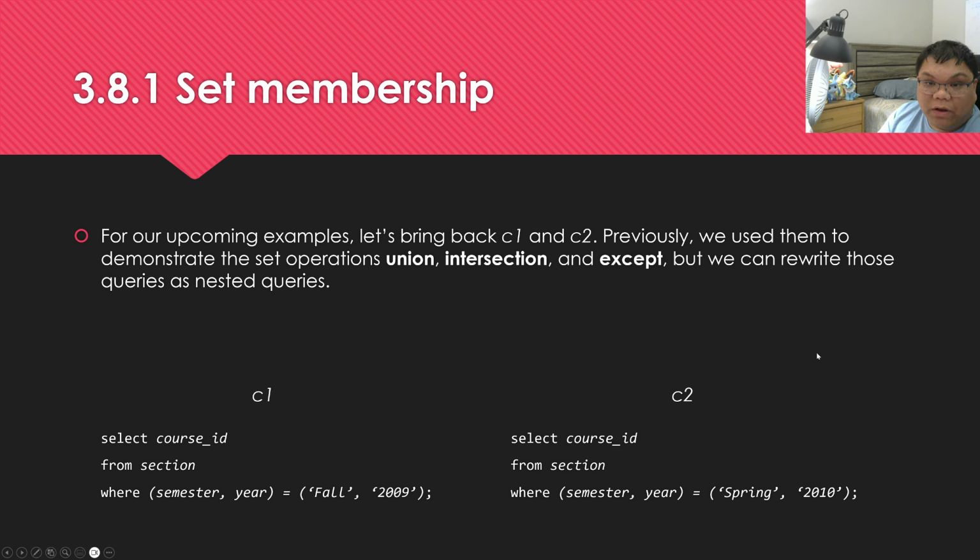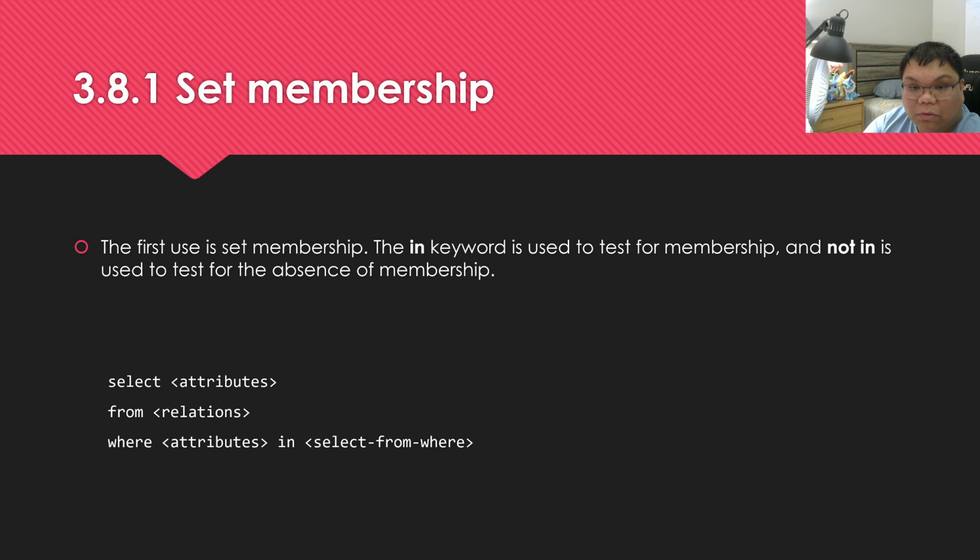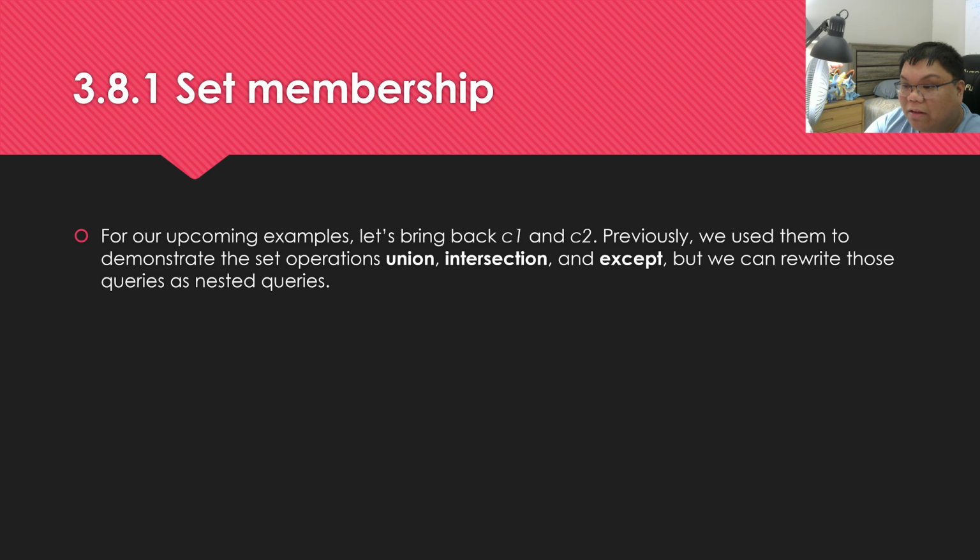Remember, the output of a query is another table. So tables go in, one table comes out. We can rewrite these as a query that doesn't use union, intersect, or except, but we can use nested queries for these. So let's try it out.